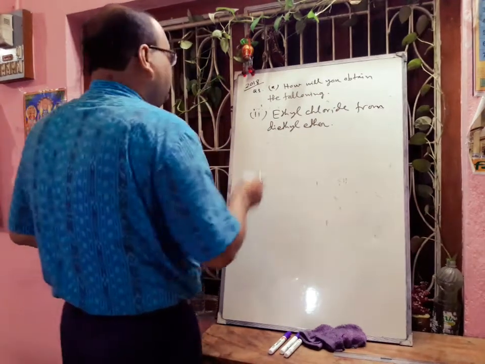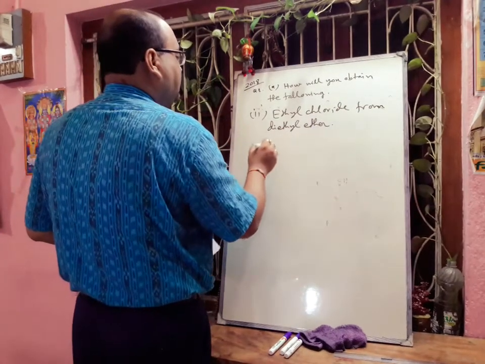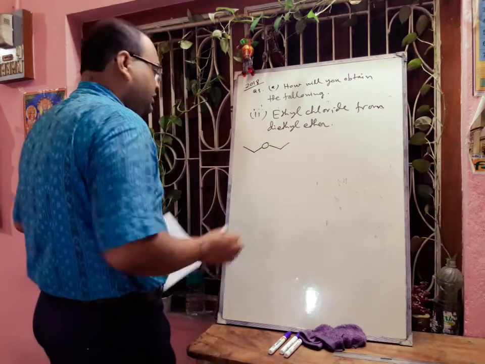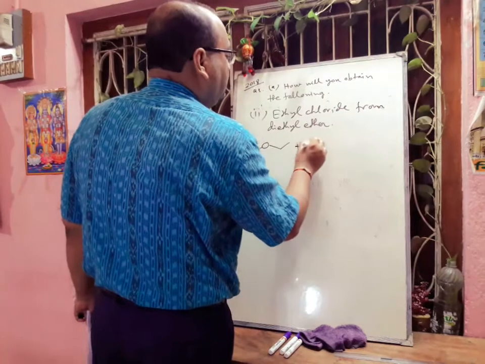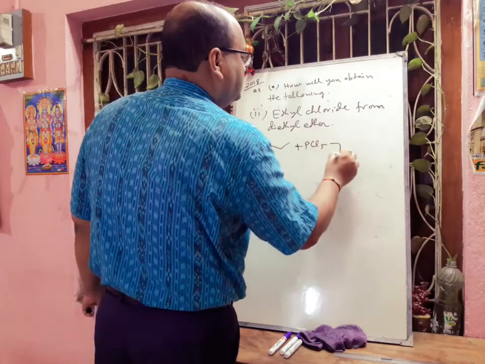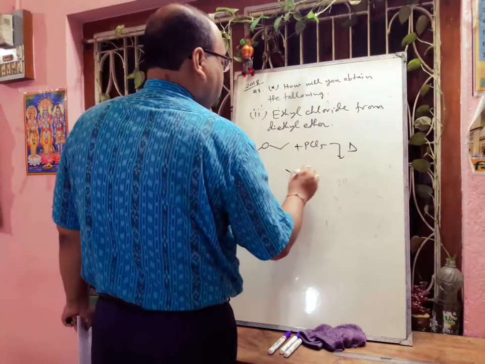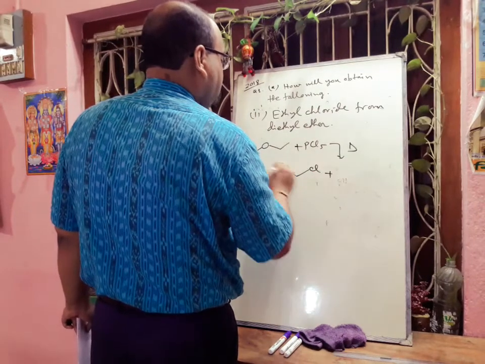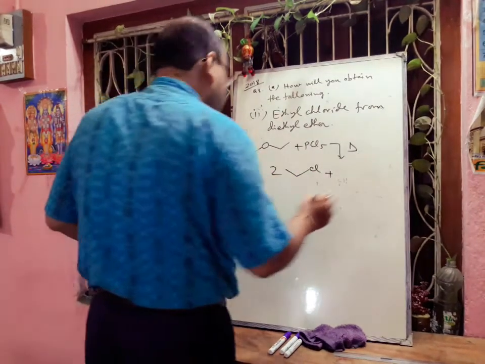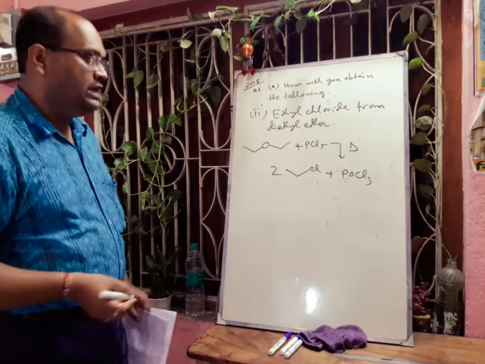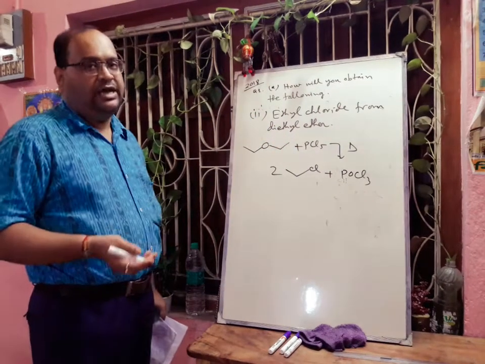So first we have to take diethyl ether. This one is diethyl ether. If we add phosphorus pentachloride and apply heat, then it will produce ethyl chloride, plus there will be formation of POCl3. So in this way we can easily get ethyl chloride from diethyl ether.